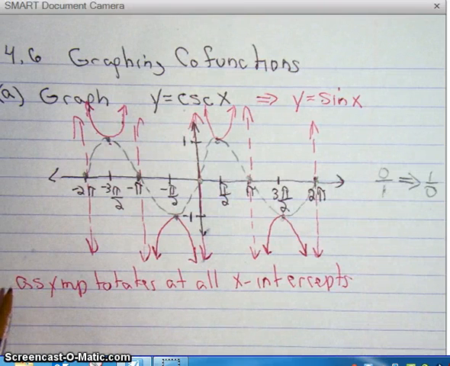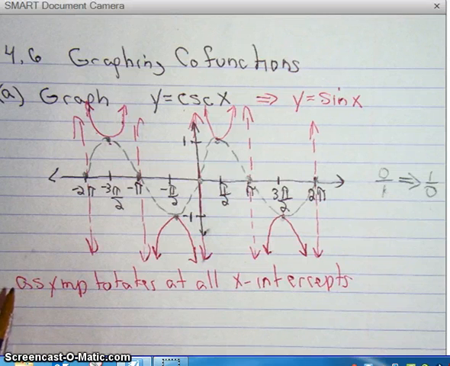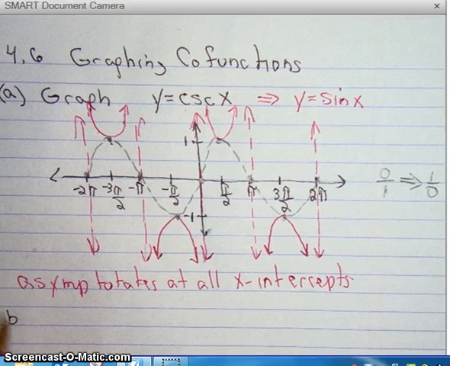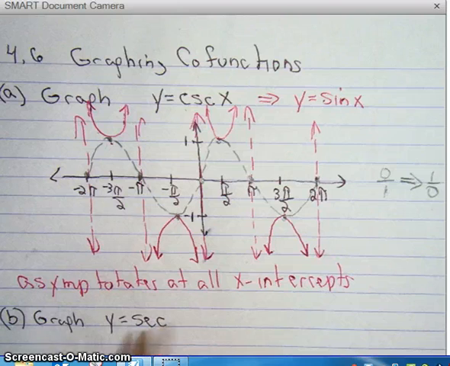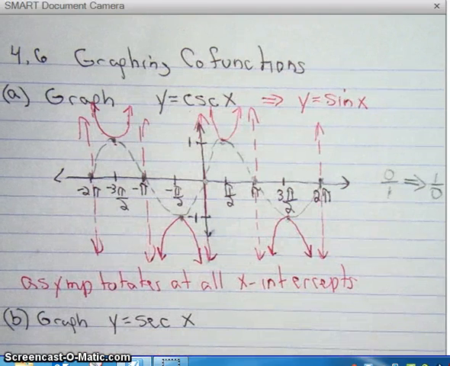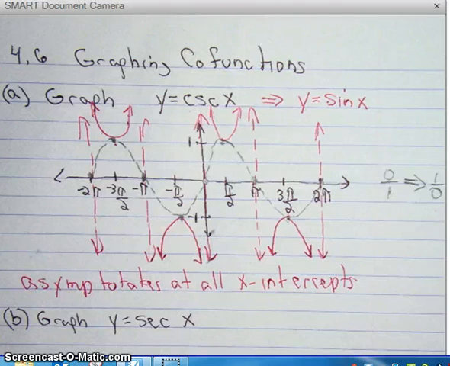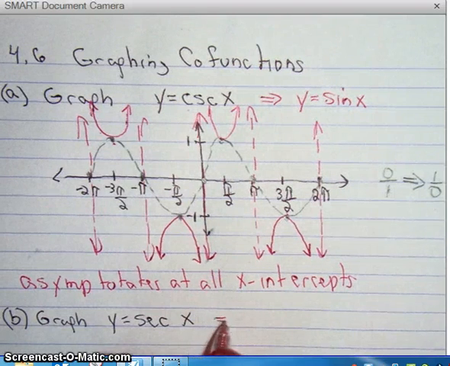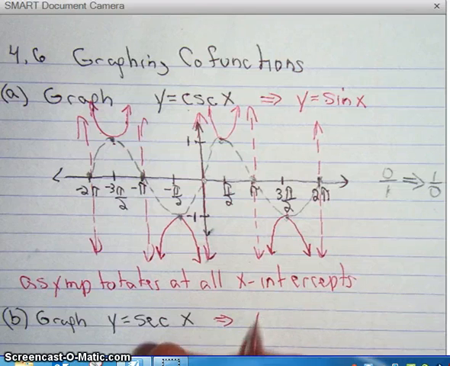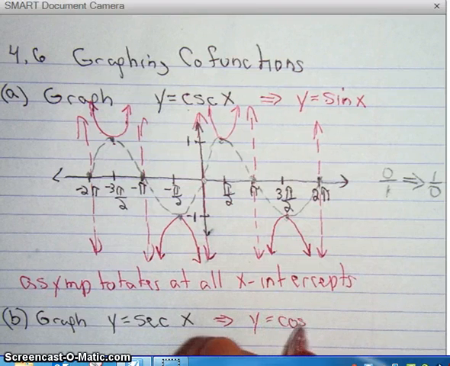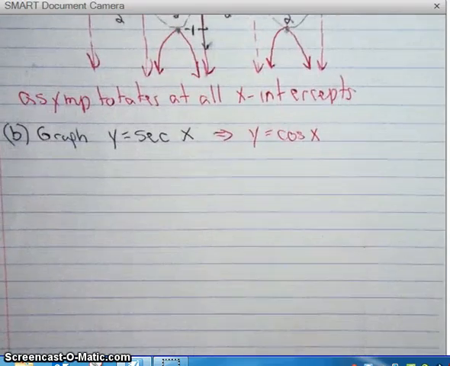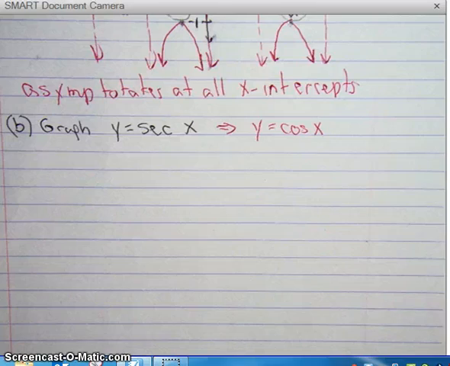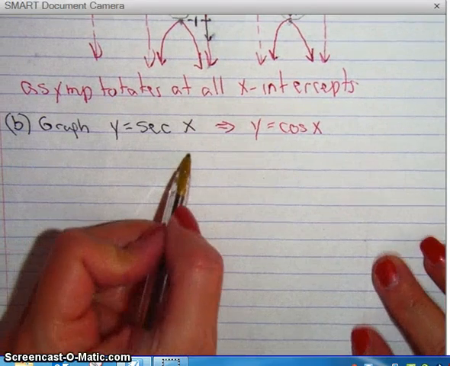Okay, next one. Letter B. Graph y equals secant x. Well, you know what we're going to do. We're going to graph y equals cosine x. And then we're going to see if we have any asymptotes. We are masters at graphing y equals cosine x.